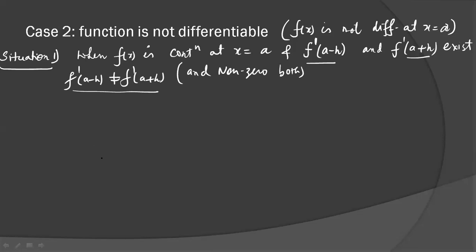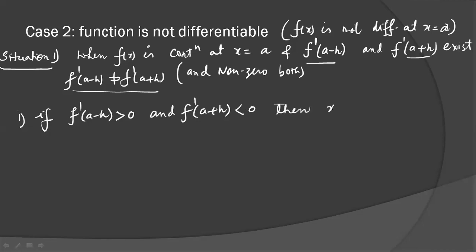In this situation, if the left hand derivative is positive and the right hand derivative is negative, then x equal to a will be a point of local maximum.